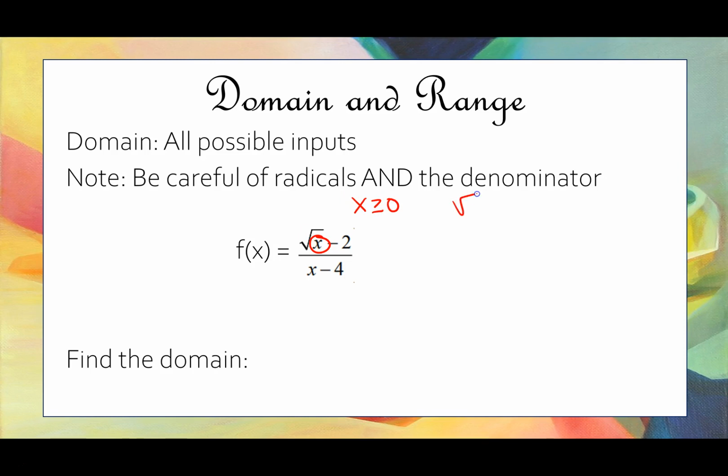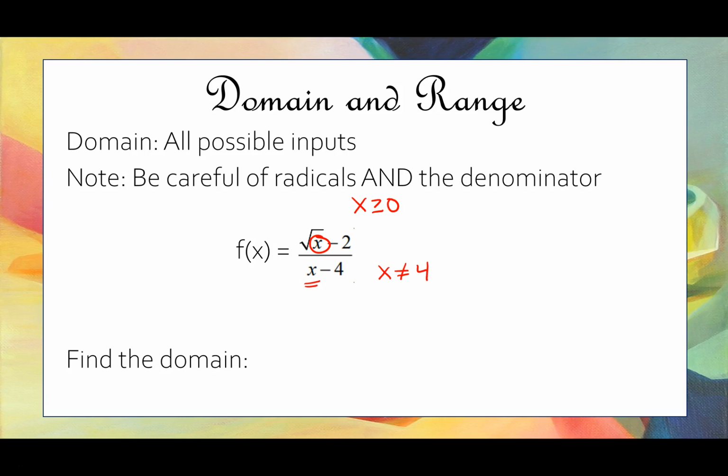We can do the square root of 0, the square root of 1, the square root of 2, the square root of 4, the square root of anything bigger than 0, but can we do the square root of a -1? Well, not on a real axis, right, which is what we always have been graphing on. So we know that x has to be greater than or equal to 0, but we also know that x cannot be 4.